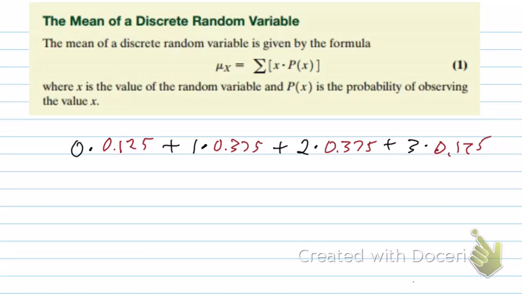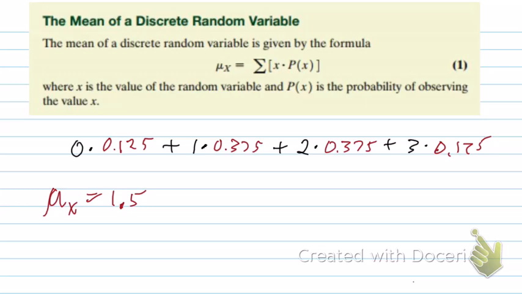So think about this. We're saying that the mean of those values, the mean of random variable x, is 1.5.